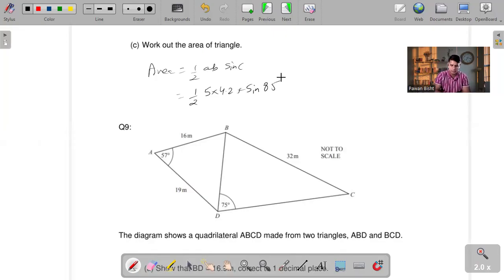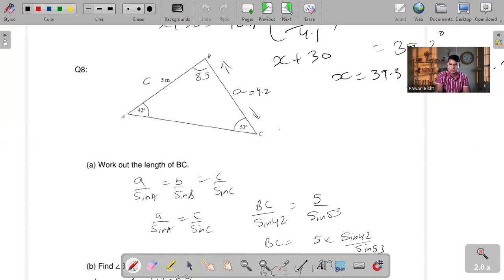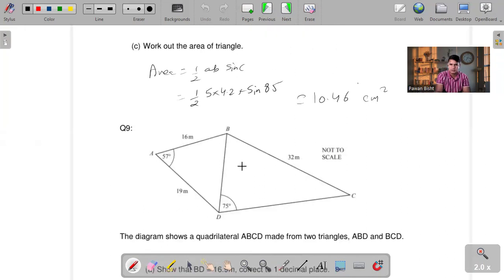Put it in your calculator. Half times 5 times 4.2 times sine 85. Okay. So your answer is coming 10.46 centimeter square. Yeah, sorry, not centimeter, meter square. Meter square, 10.46 meter square, because this is area, so it should be in meter square.